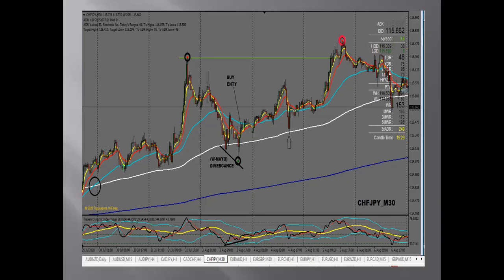So guys, remember, I always look for the precise entry on the 15-minute template. This is the market maker template, the 15-minute template. This is where I scale down from the daily chart and the 4-hourly chart and that's where I see where the prices are in a bigger scale.